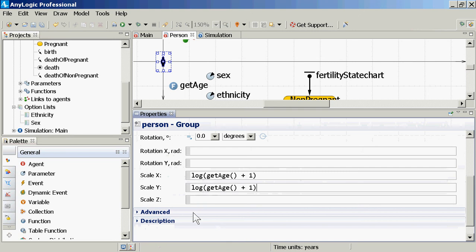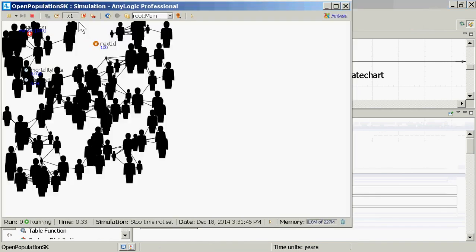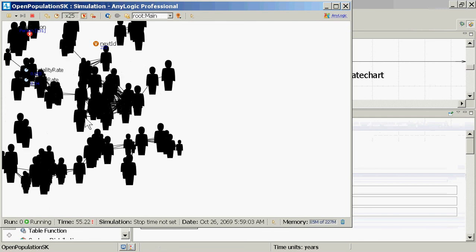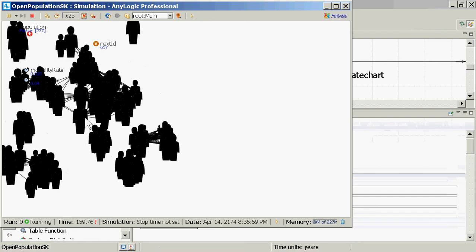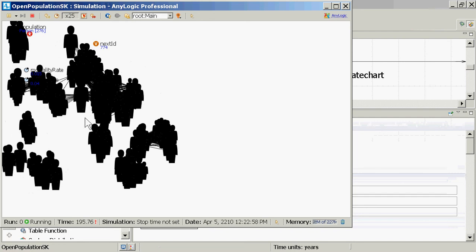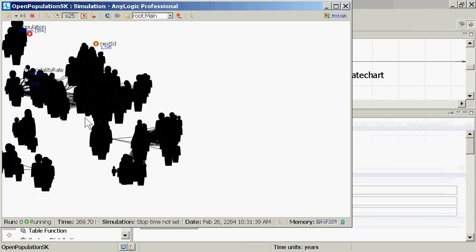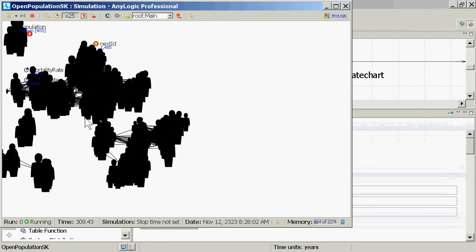So now we have a population which over time is aging in a continuous fashion. There we go. Do folks see that? What do we see? People growing and dying and being born. See that? Okay, let me show how I did that.